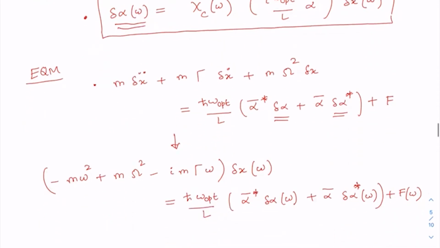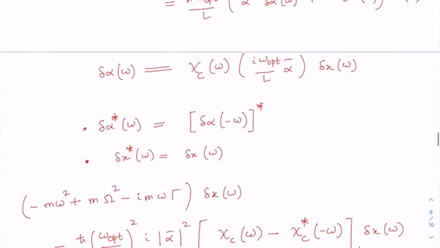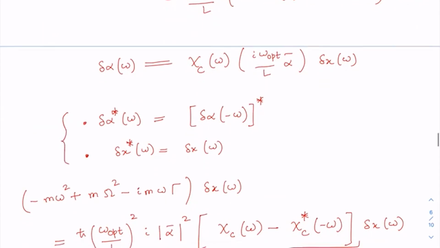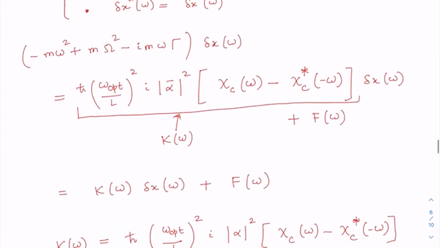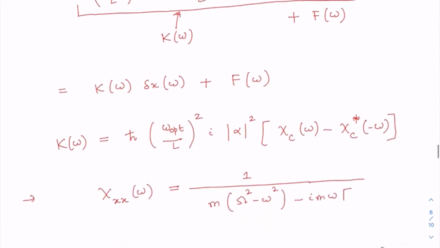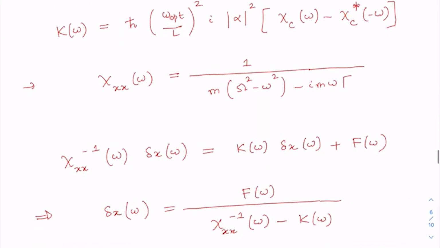We put it here, and eventually after using these Fourier transform relations, we obtain an expression for delta x. This is basically the response of the mechanical system or the fluctuating quantity, and we were able to write it in a very compact equation.